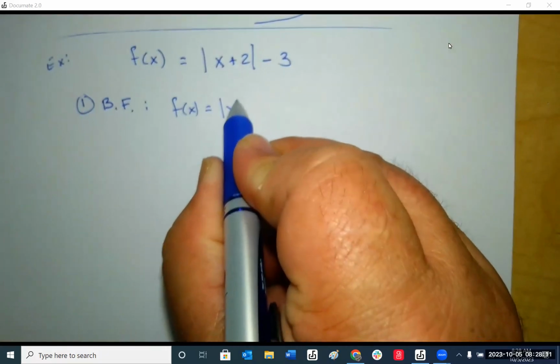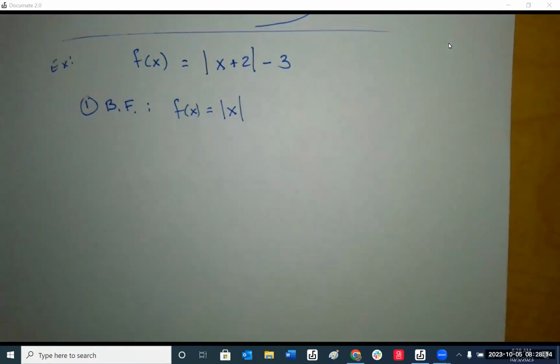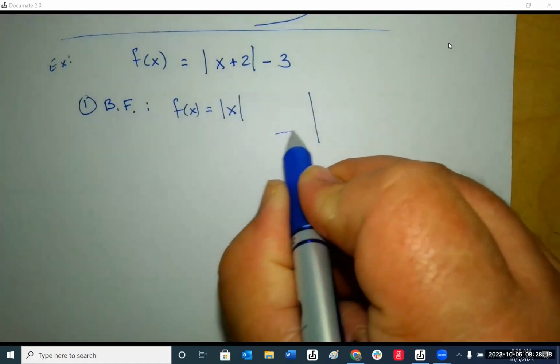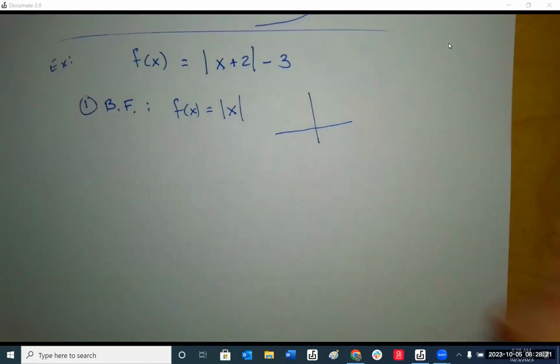Absolute value of x. The absolute value of x looks like a what? A v.